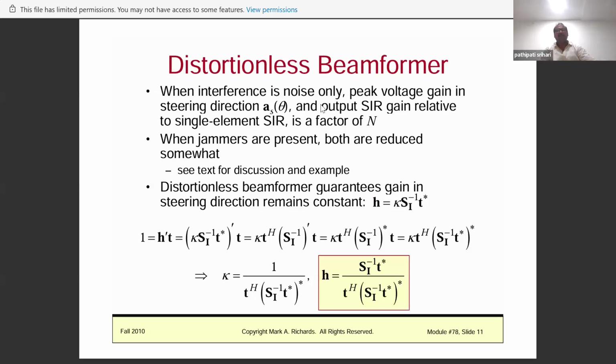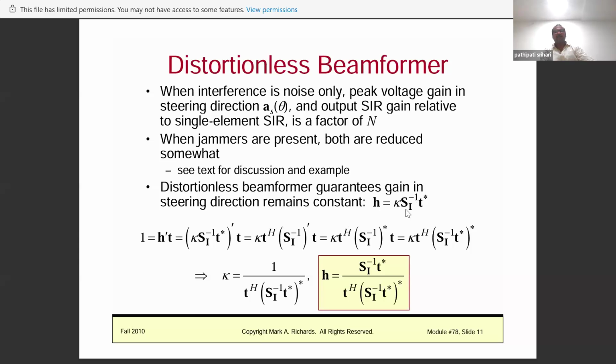When interference is noise only, the peak voltage gain in the steering direction is a_s(θ), and the output SIR gain relative to a single element SIR is a factor of N. When jammers are present, both are reduced somewhat. The distortionless beamformer guarantees the gain in the steering direction remains constant. That is another beauty of it.